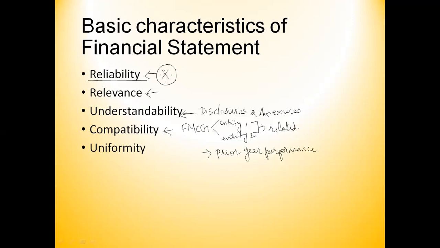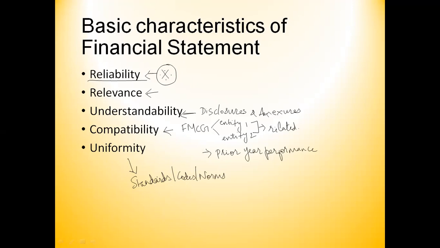Next is uniformity. In order to compare across entities, it is essential to have some uniformity while preparing the financial statements. This is the reason why we have standards or codes of conduct, like how we need to be disciplined. We have these standards or basic norms based on which the financial statements have to be prepared.